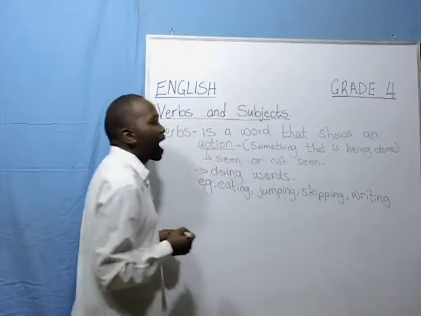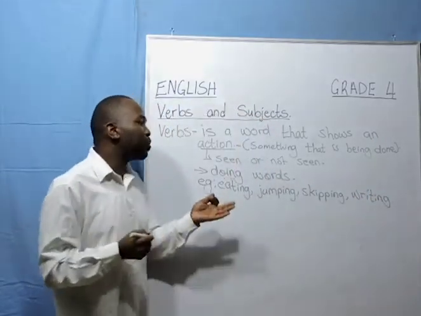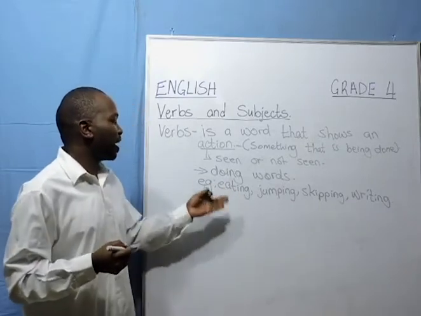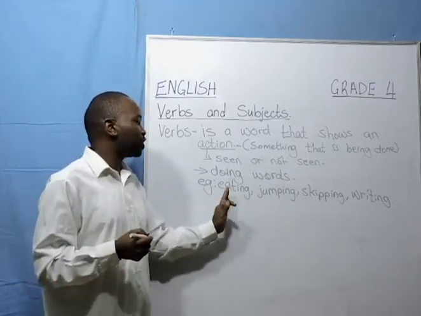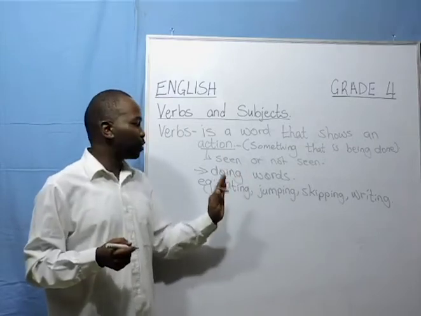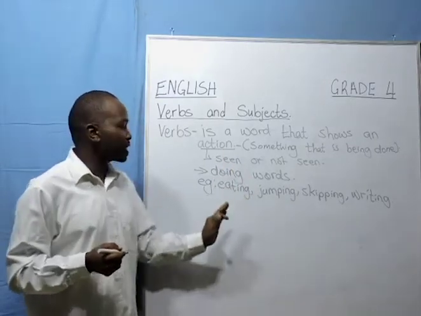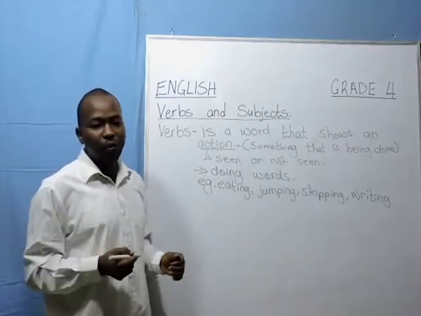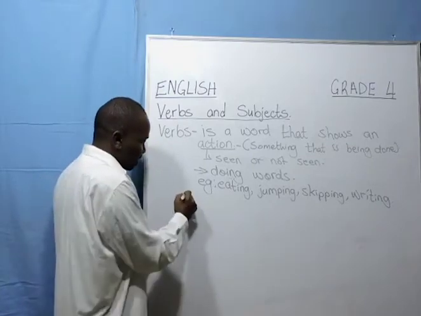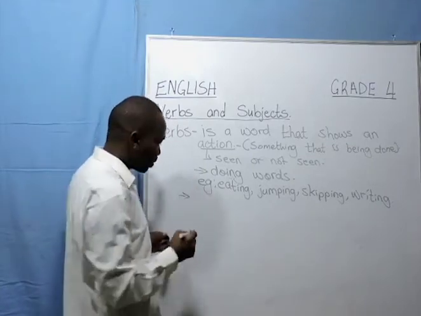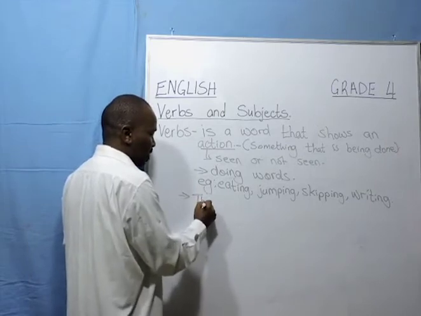All these are examples of doing words. And so therefore, anytime you see a word that shows an action, you should identify it as a verb or a doing word.